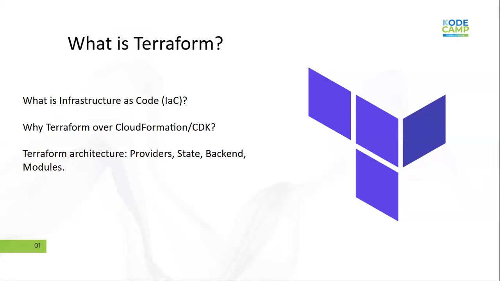80 to 90% of companies that run on cloud providers use Terraform because, one, there's multi-cloud, so it works across multiple providers. If you need to move from AWS to Azure, all you need to do is change your provider and then change some resources and some configurations, and you're good to go.